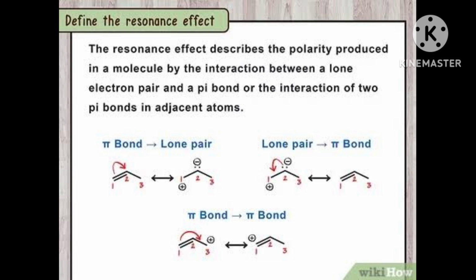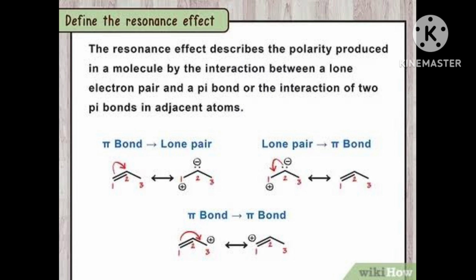First, positive resonance effect, plus R. In shortcut it is written plus R effect.